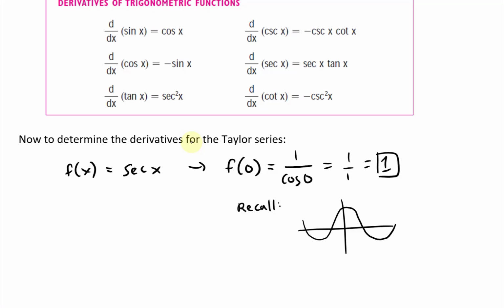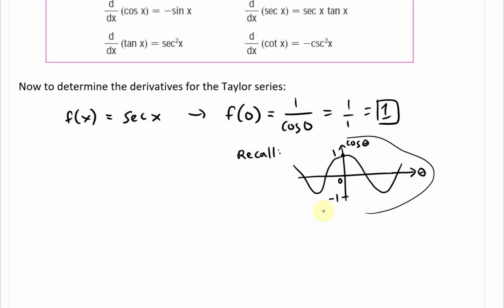It goes up and down like that, starting at 1, and this is at negative 1. So at 0, we just plug in, and that's going to equal 1. So here, just put a 1 instead. Okay, so that's what we have there.